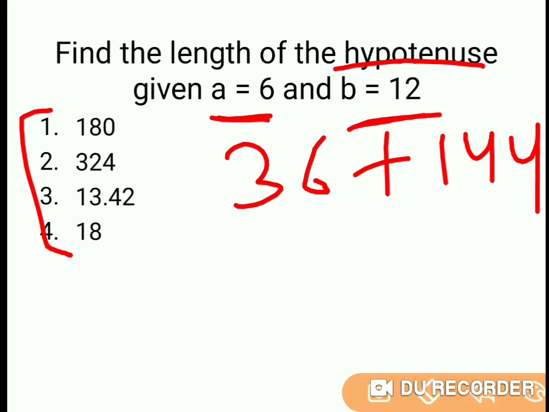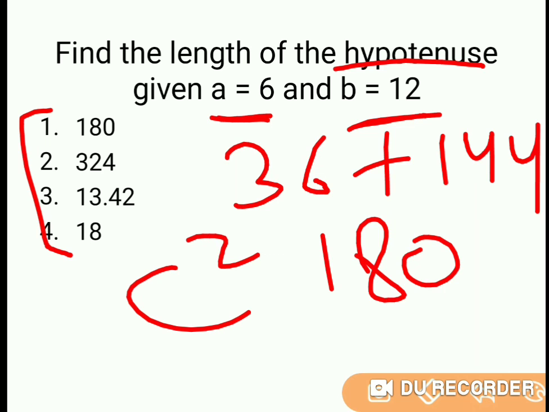When you add them, you will get 180. So the sum of 36 and 144 is 180. So this 180 is the value of c square.